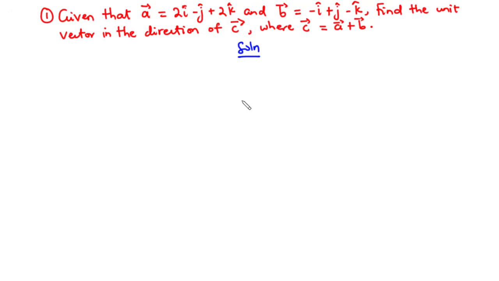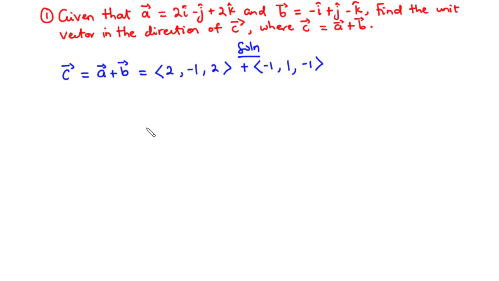So first of all, let's find the sum of the two vectors A and B. So we have vector C equals vector A plus vector B. Now we have the components of vector A to be 2, -1, 2, and that of vector B to be -1, 1, -1.